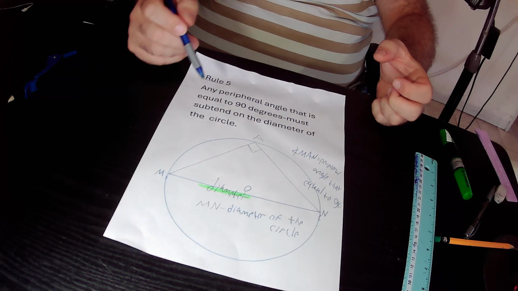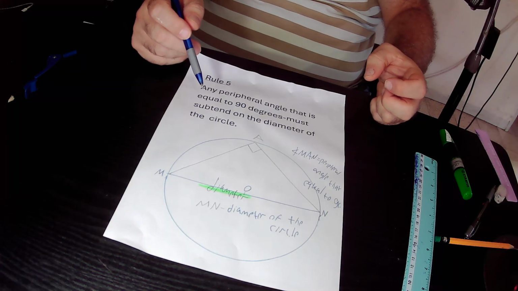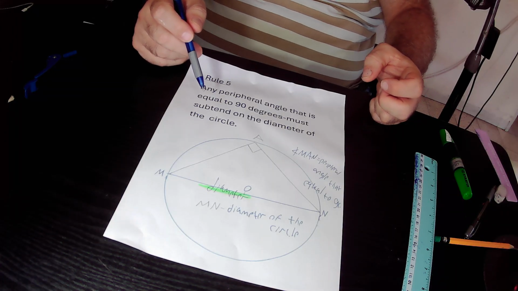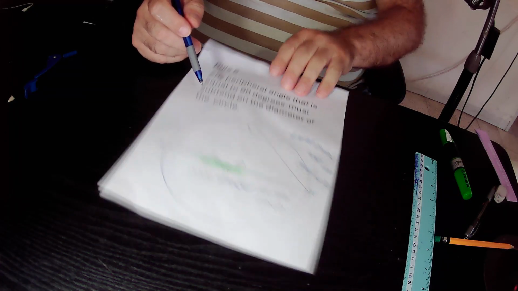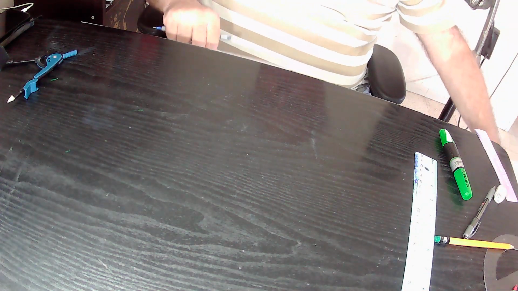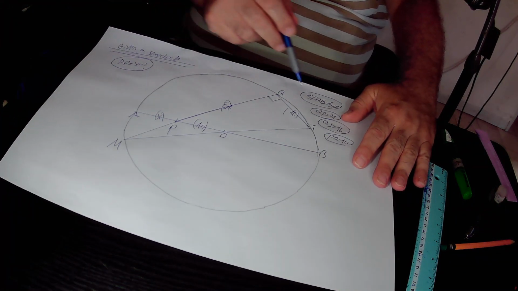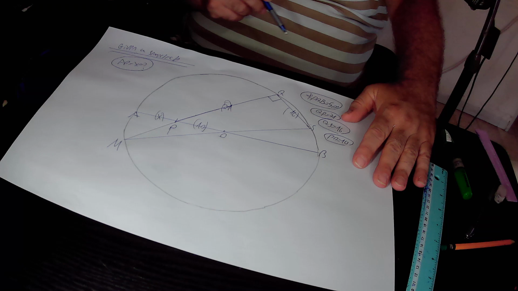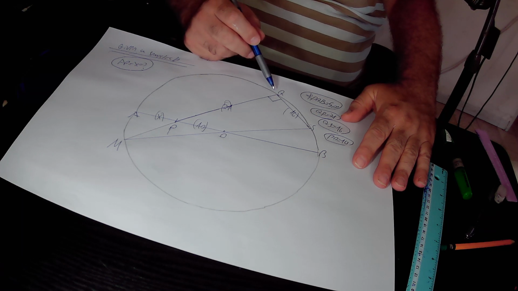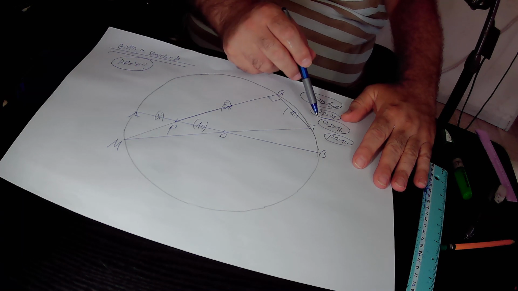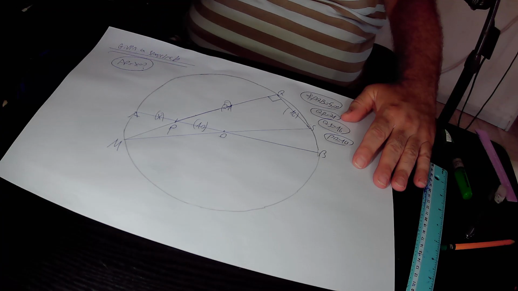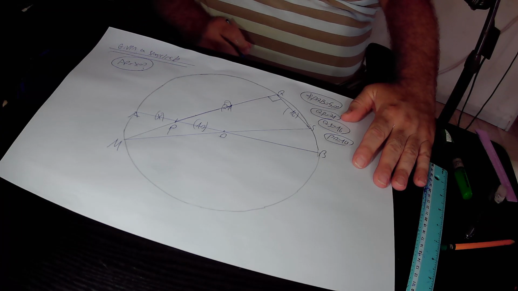So according to this rule 5, any peripheral angle that is equal to 90 degrees in its size must subtend on the diameter of the circle. So we can implement rule 5 in our drawing. Why? Because in our drawing, this is peripheral angle SQM, that is equal to 90 degrees in its size, and therefore, according to rule 5, peripheral angle SQM must subtend on the diameter of this circle.